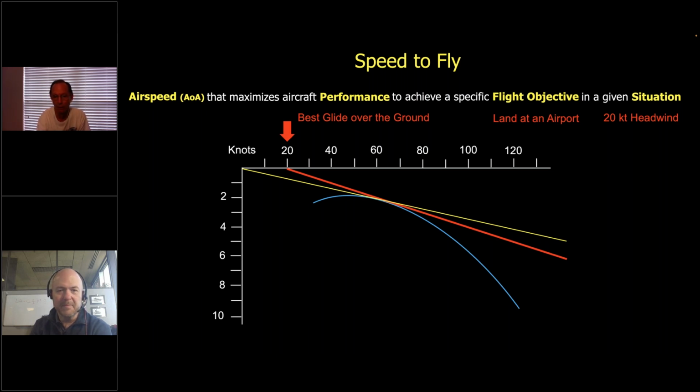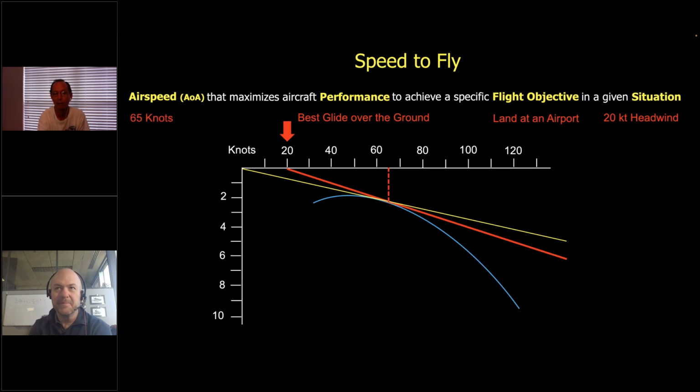Now, it shouldn't be surprising to you that your glide ratio is not going to be as good. What may be surprising to you is that the speed at which you're going to achieve that glide ratio is not the number in the book. It's a speed faster than that. That's probably not intuitive, but that's the way it works.